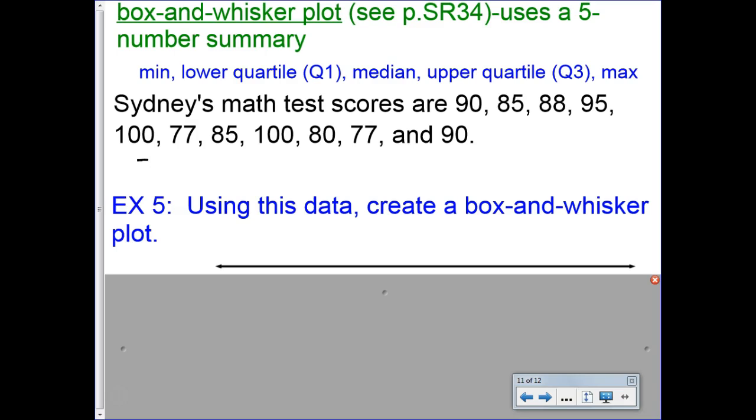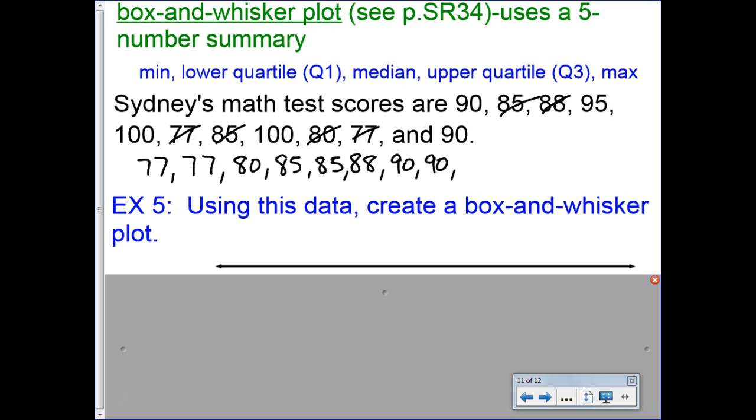So we said there's 77s. And then it was 80, 85, 85, and 88. 90, 90, 95, and 100, and 100.